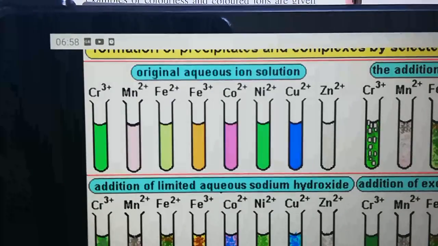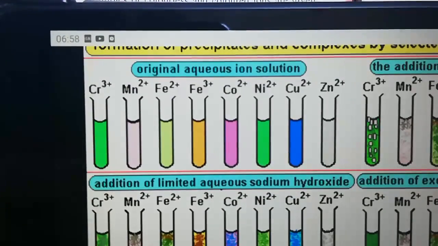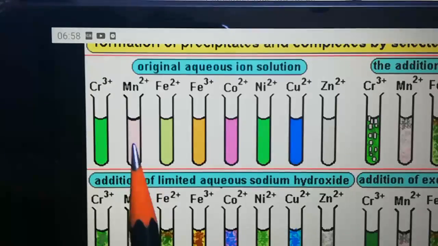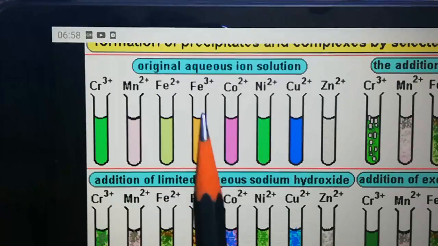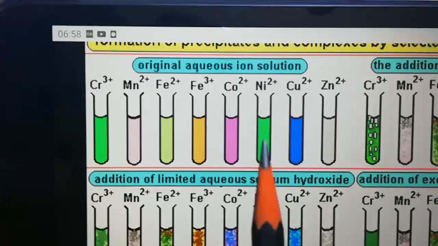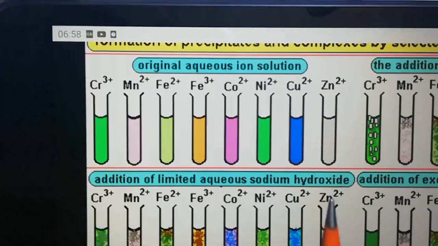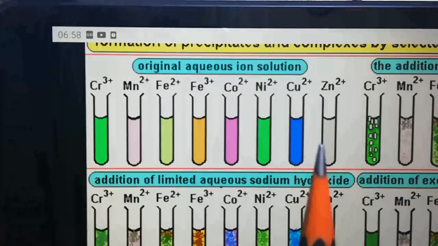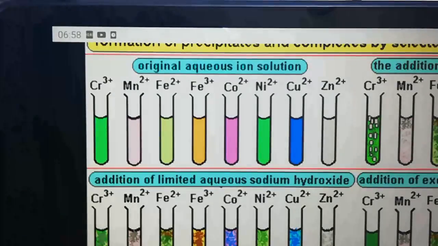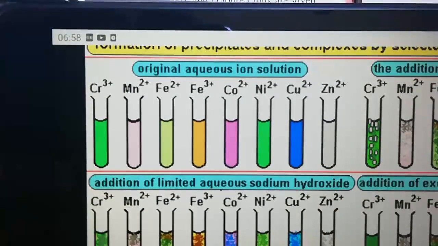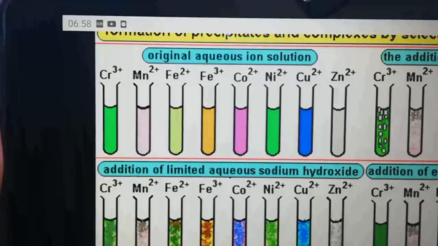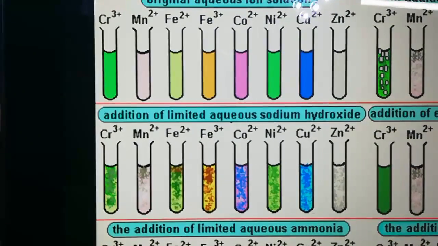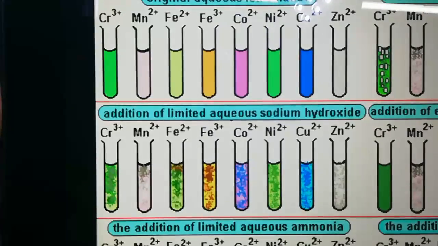Now let's see the original aqueous ion solutions with their color. The chromium looks like this, manganese Mn2+ like this, then ferrous, ferric, cobalt, nickel, cupric, and zinc. These are the colors of the ions in aqueous solution, that means in water solution. Now when a limited amount of aqueous sodium hydroxide is added, let's see how the color changes.